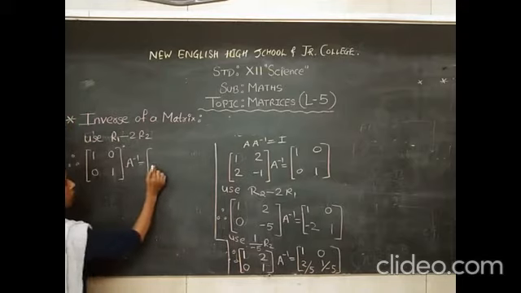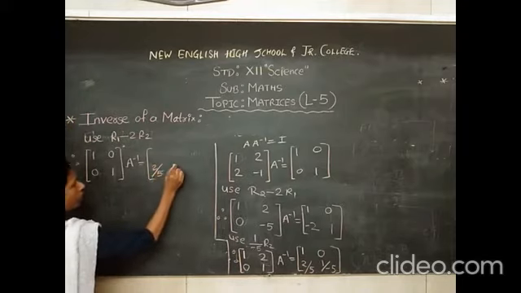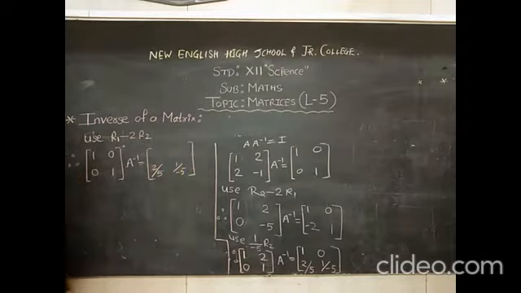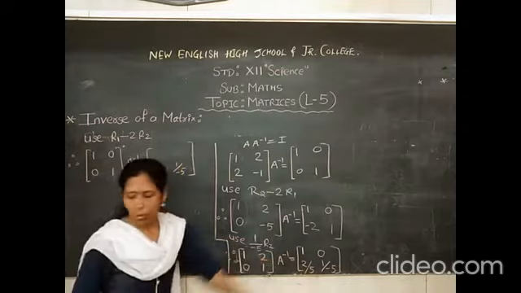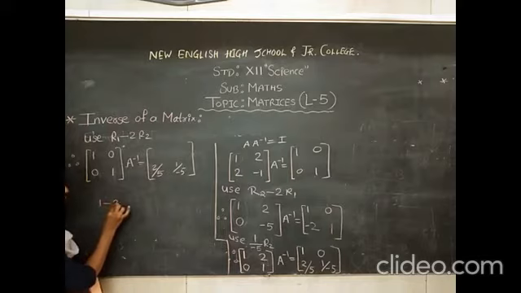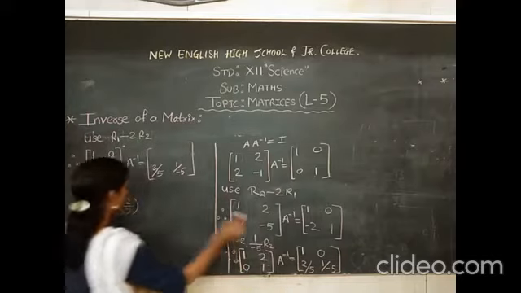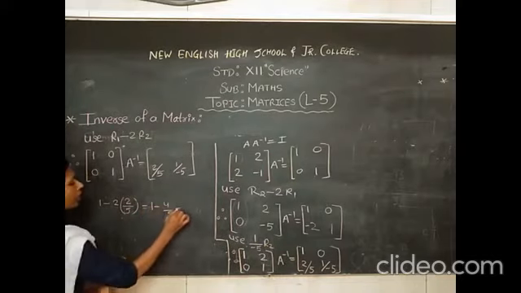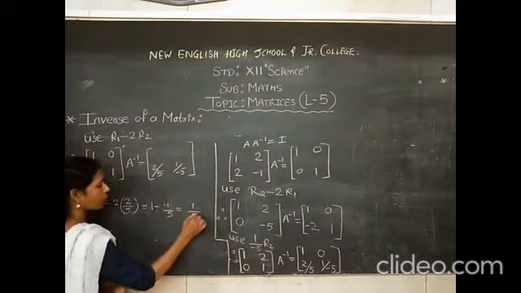R2 is 2 by 5, 1 upon minus 5, or you can say minus 1 upon 5. Now 1 minus 2 times this. See, R1, 1 minus 2 times R2 element, which is 2 upon 5. Better to do rough calculation. This is 1 minus 4 upon 5, that is 1 upon 5.